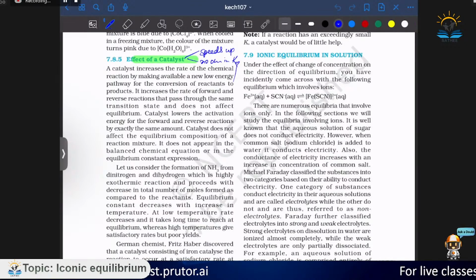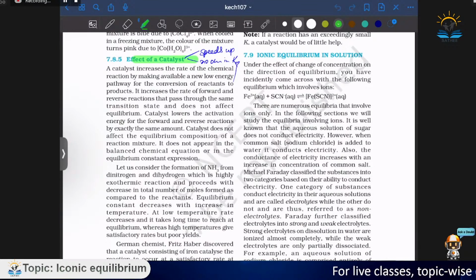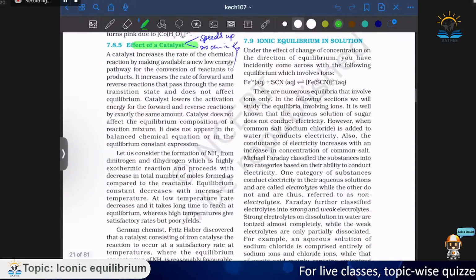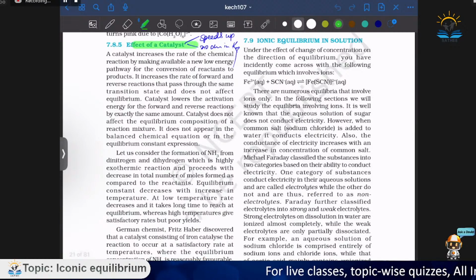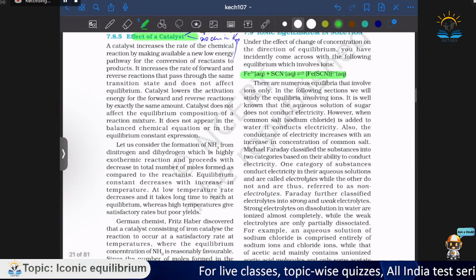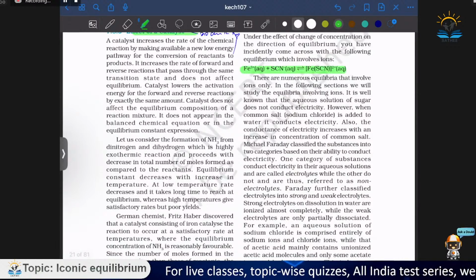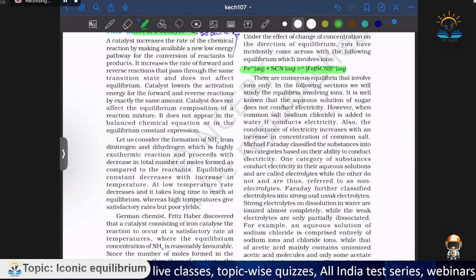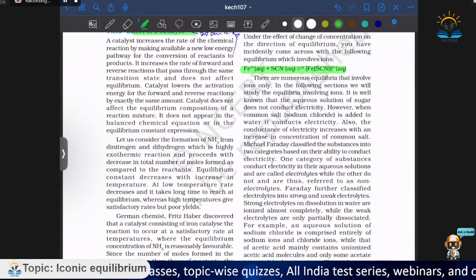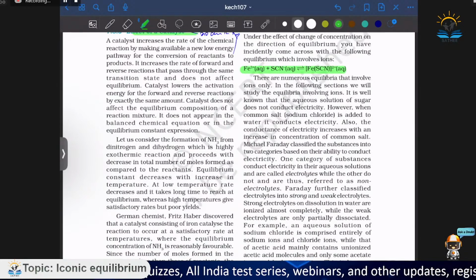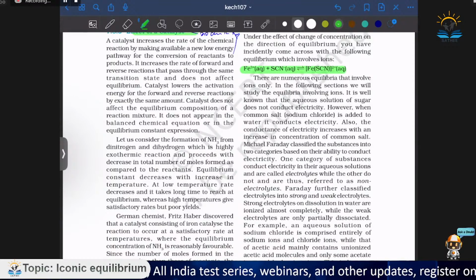Okay, so let's start. Starting initially with the definition, the first example which NCERT gives you is the equilibrium between these ions: ferric ion, thiosulfate ion, thiocyanate ion, and between your ferric thiocyanate.